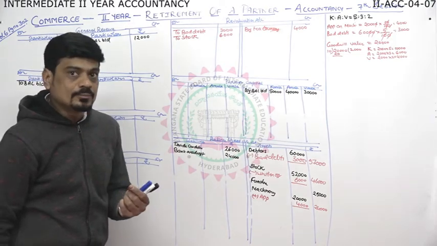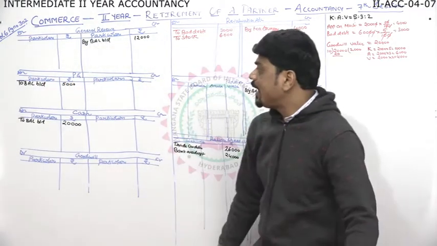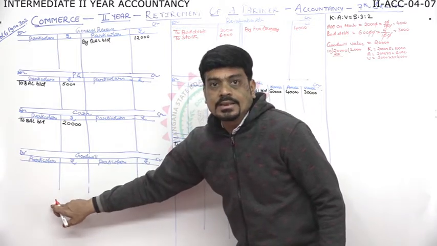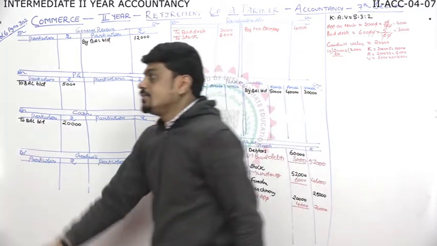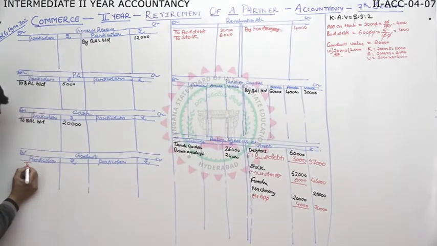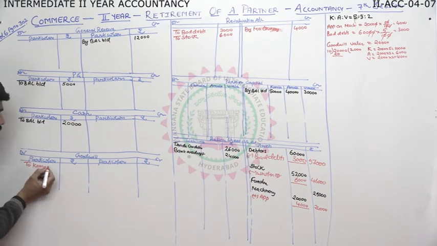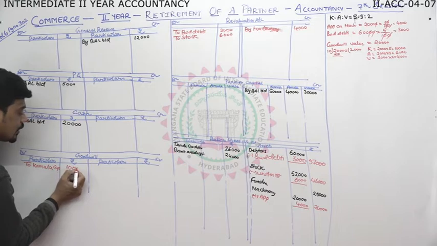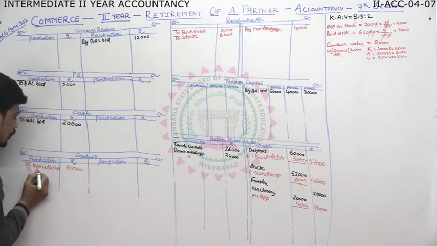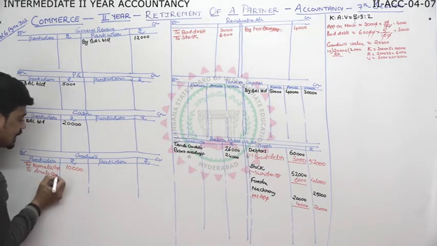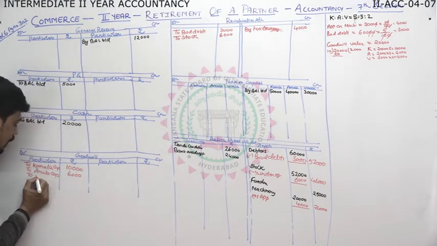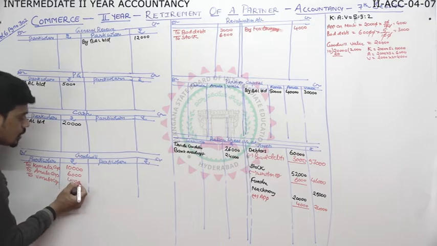Goodwill is valued here. What is the entry for goodwill valued? Goodwill account debit to all partners. So we'll go to goodwill account to Kamala Capital. How much did Kamala get as share? 10,000. To Amala Capital, Amala got a share of 6,000 and your retiring partner Vimala got a share of 4,000.